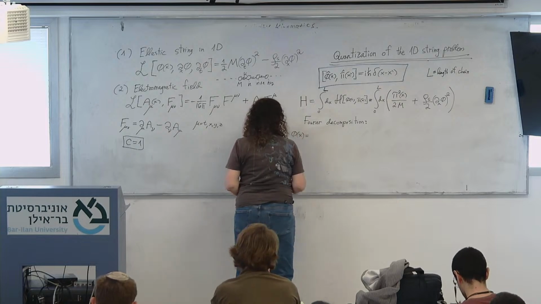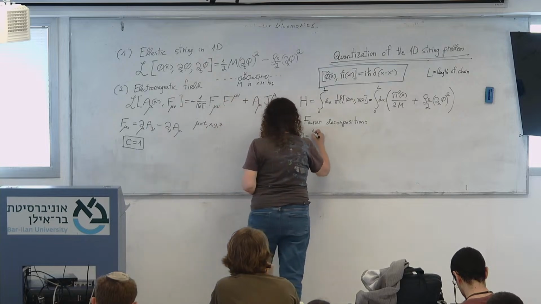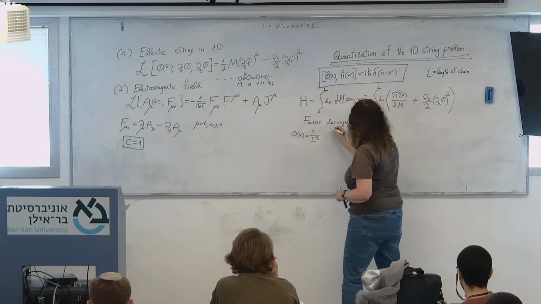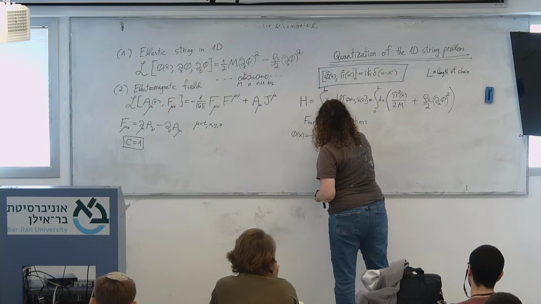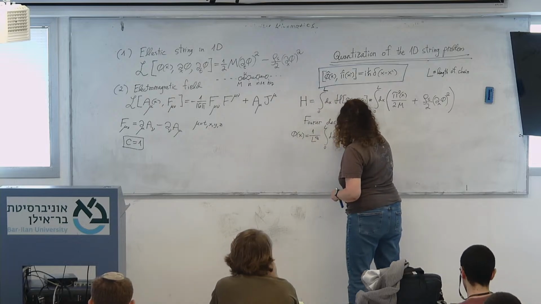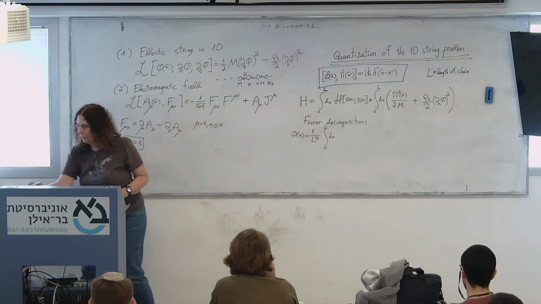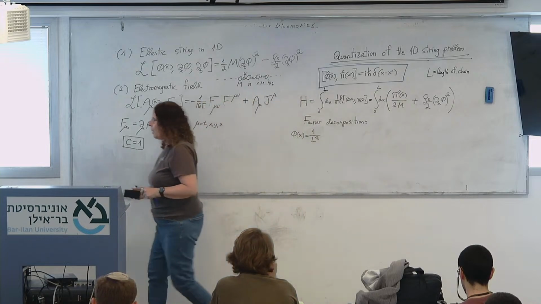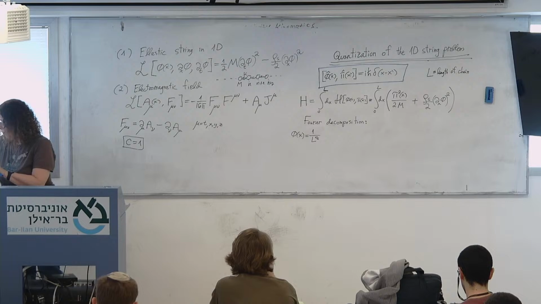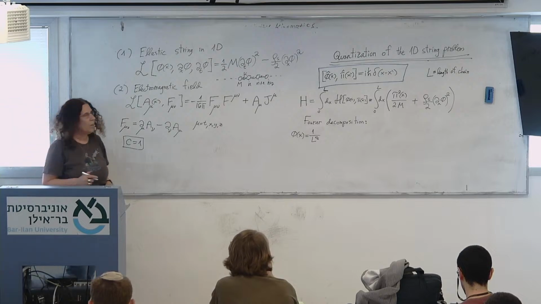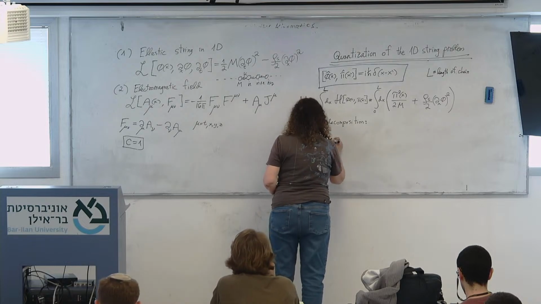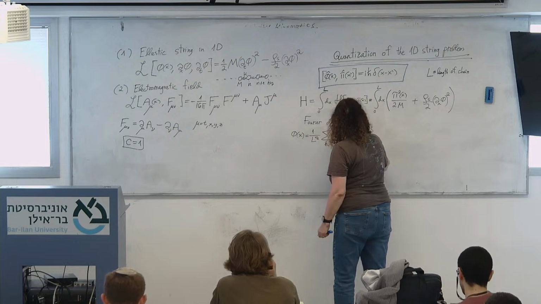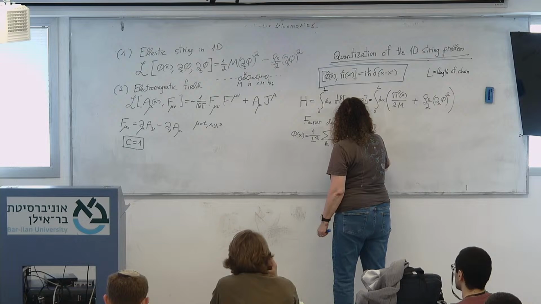So first I write phi of x as 1 over L to the half. This is a normalization factor. I started to write the inverse transform, so this is the sum over k of phi k e to the i k x.